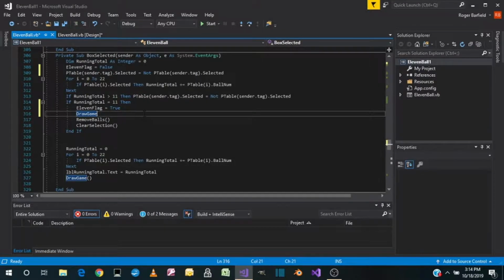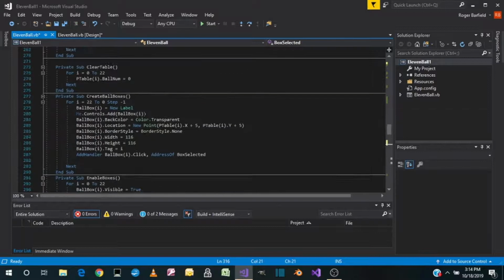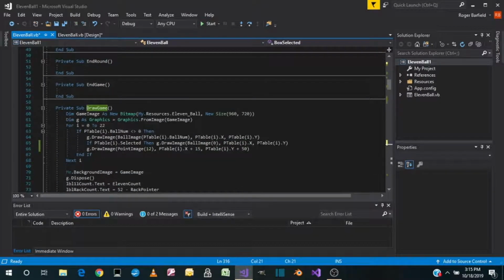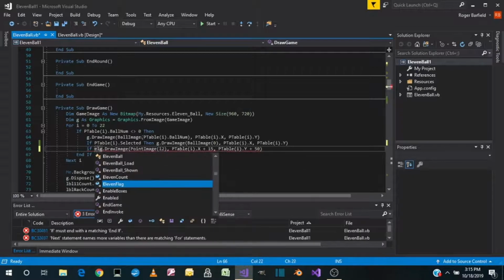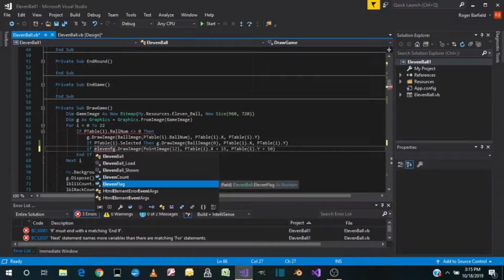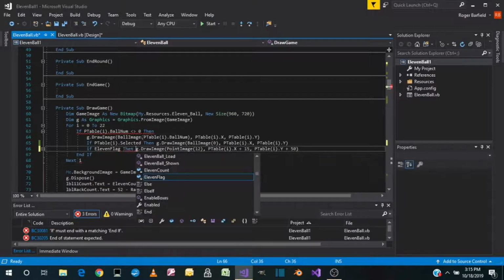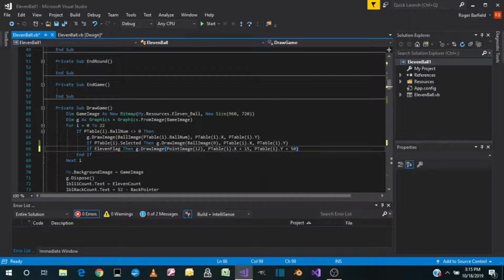And let's see. Let's go back up here on the draw balls. Okay. If 11 flag, then draw the points. And that's only, like I said, only if the ball is selected, where you have the selection mark.